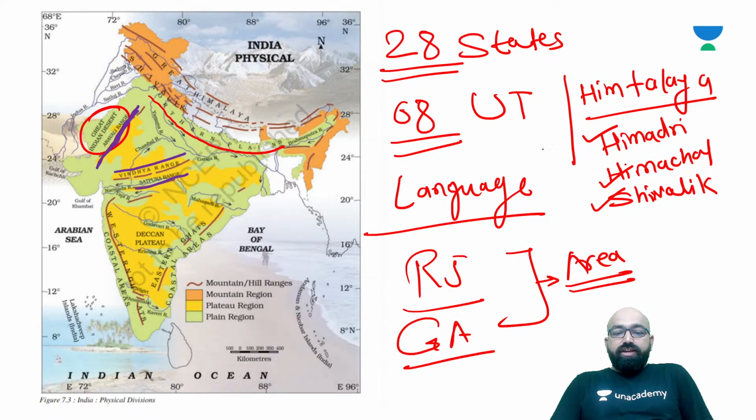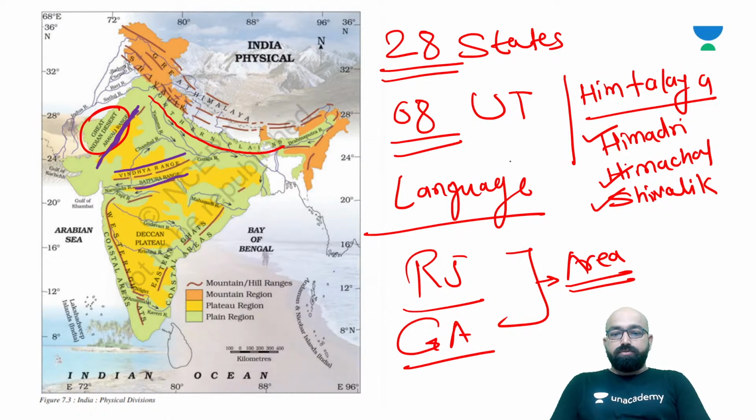These are west flowing rivers that drain into the Arabian Sea. The Western Ghats or Sahyadris border the plateau in the west, and the Eastern Ghats provide the eastern boundary.